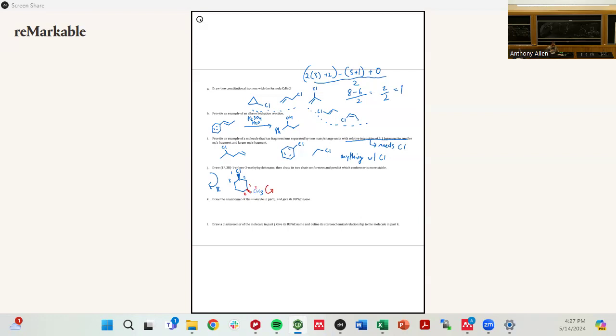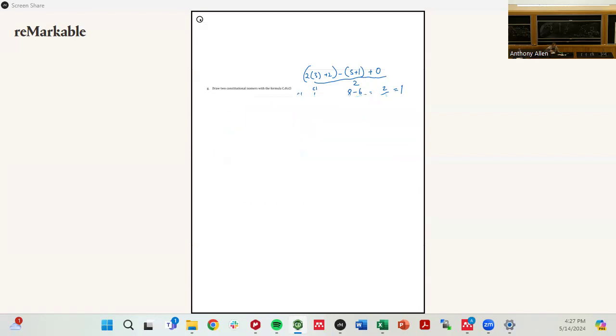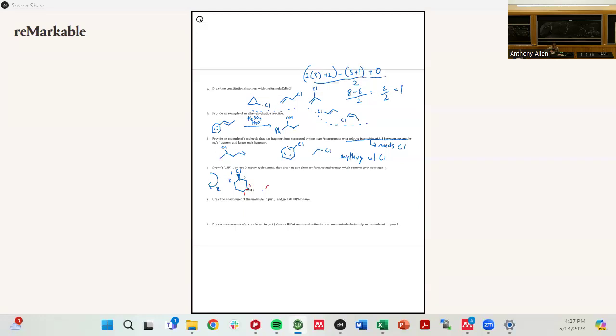So I need to put it on a dash instead. That would give me counterclockwise, but with H on a wedge. So now it's R.